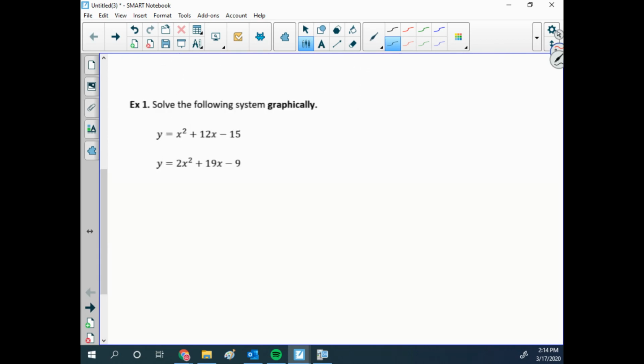Solve the following system graphically. My favorite. Nice and easy. Put it on the calculator. This question's even easier because they already give me the exact two functions, and they're just asking where they intersect. So I would just type them in on my graphing calculator.